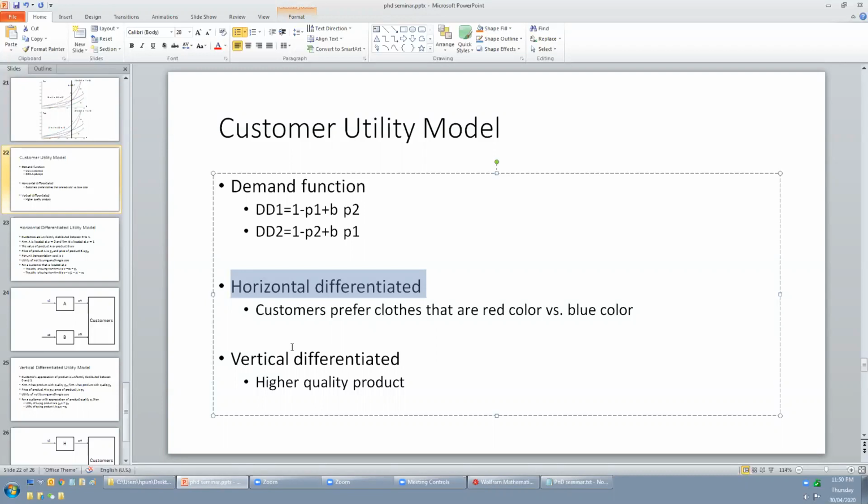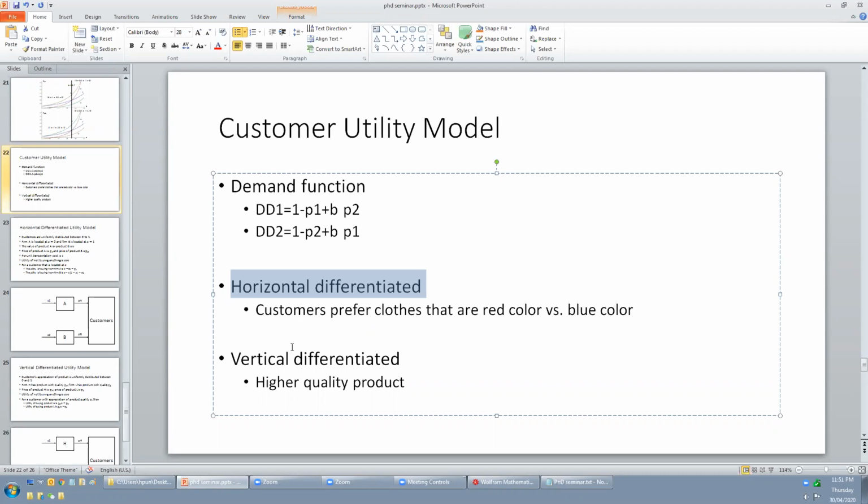For horizontal differentiated, let's say a red cloth and a blue cloth both cost $100. It is not obvious who would buy red and who would buy blue. Some people would buy red at $100, and some people would buy blue. But for vertically differentiated, let's say there are two products, one with high quality and the other with lower quality.